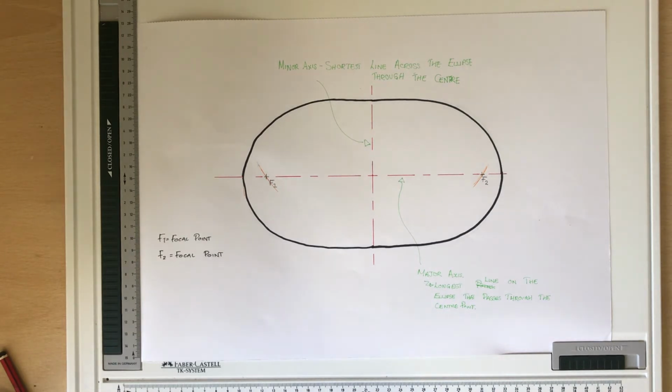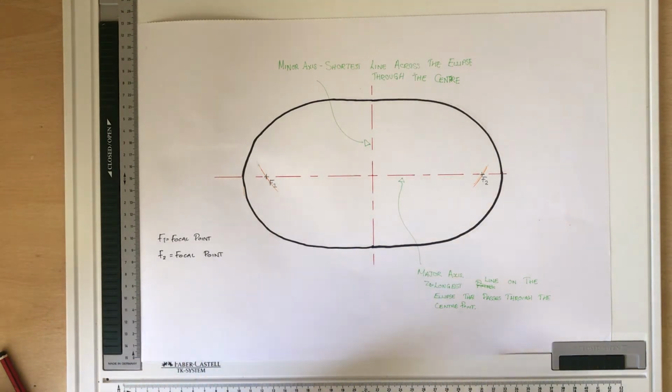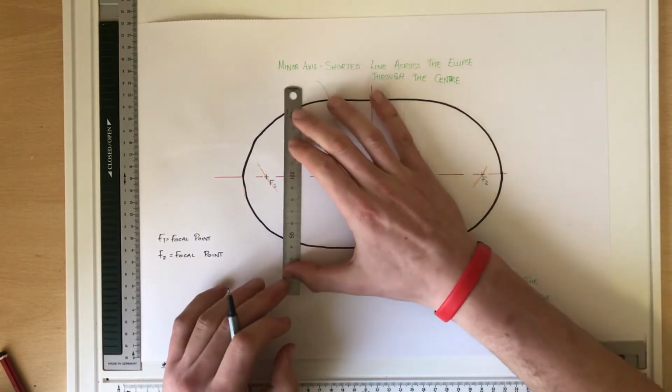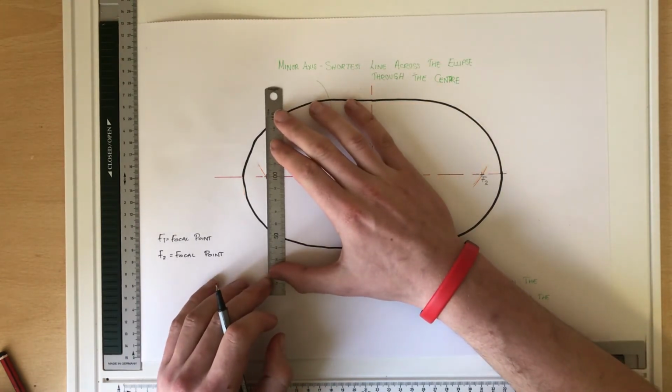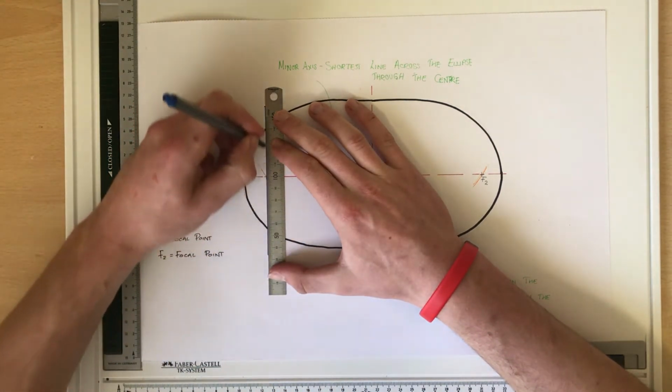So from the focal point we'll move on to a focal chord. So if you remember what a chord is from doing circles, a chord is a line that cuts the curve in two places but doesn't have to be going through the center. So if we think of what a focal chord would be, a focal chord is one of these lines that passes through one of the focal points.